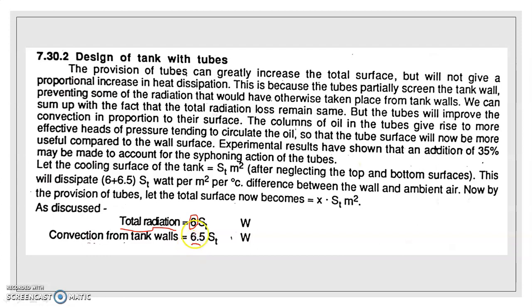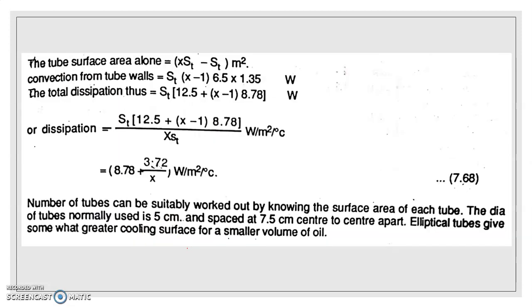So total radiation is 6 into St and total convection is 6.5 into St. The surface area including the tubes is x into St, and St is only the surface of the tank. If you take the difference between them, we will get the tube surface only, that is x into St minus St. Taking St common, it becomes St into bracket x minus 1.